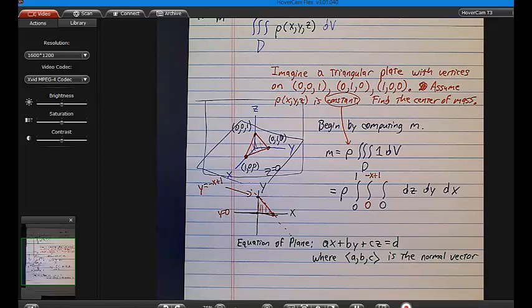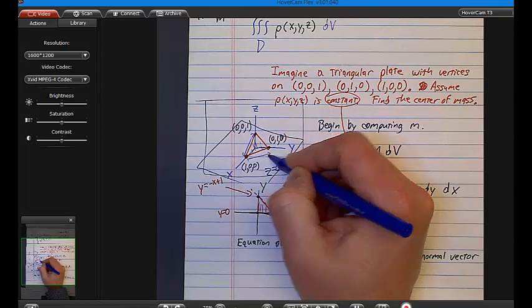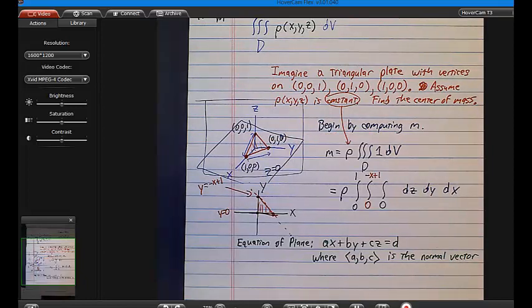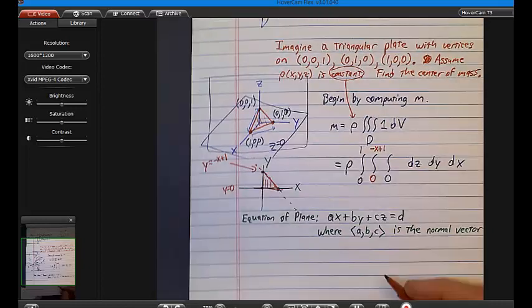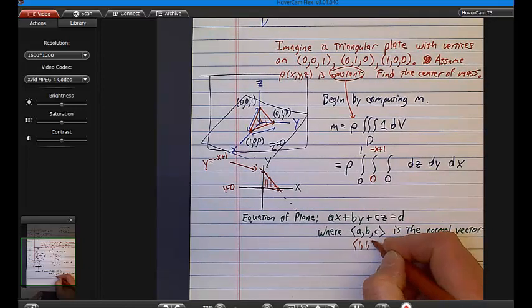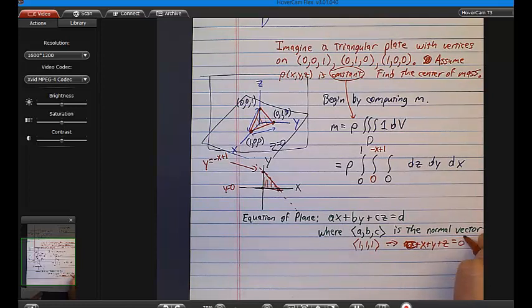Now what if I didn't know that by looking at it? This one I can see it. If I didn't know that, here's one thing you could do. You could take this vector along that line and that vector along that line, do the cross product, and the cross product will be perpendicular to both, and you're going to get it. Okay? But it's 1, 1, 1. So if it's 1, 1, 1, that's nice because now we have x plus y plus z equals d.